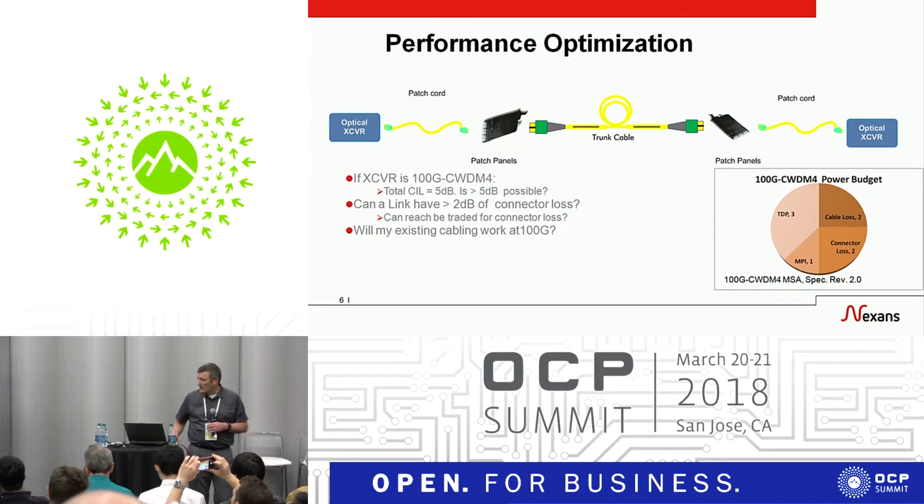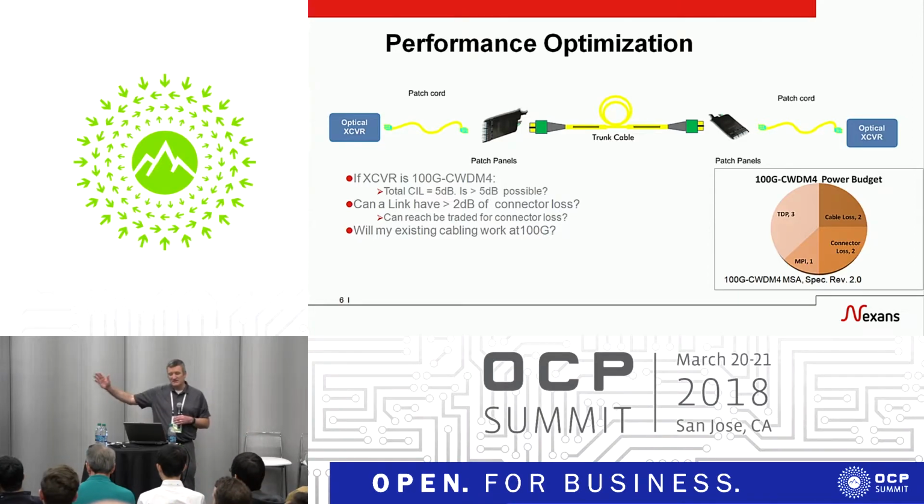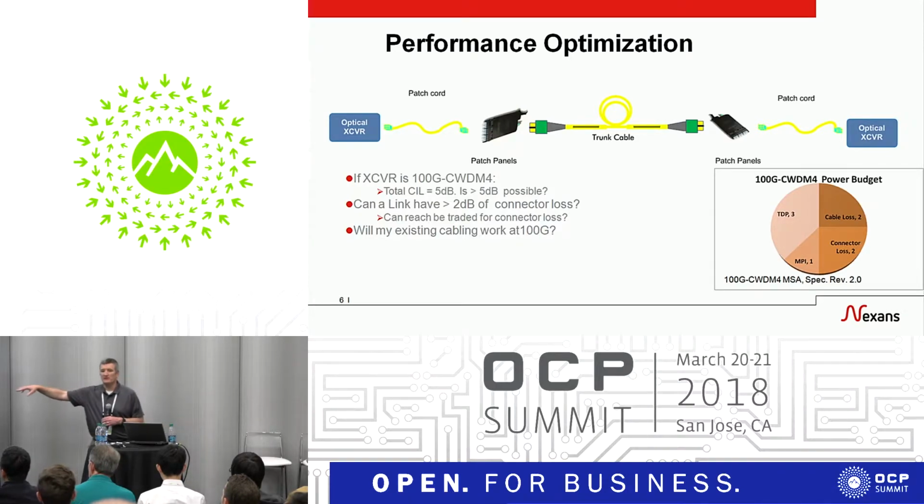So we're showing on the slide here, just as an example, the MSA spec of 100G CWDM4. And the Intel gentleman a few minutes ago was talking about the different penalties that are associated.